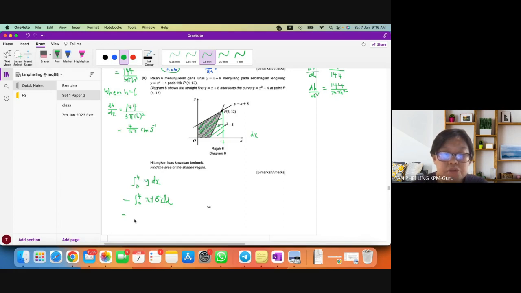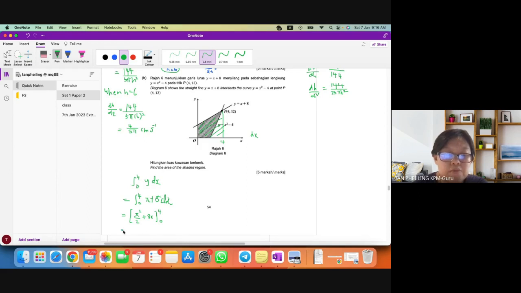So integrate x, power plus 1 over power, and then this one is plus 8x. With that I have x squared over 2 plus 8x, from 0 to 4.